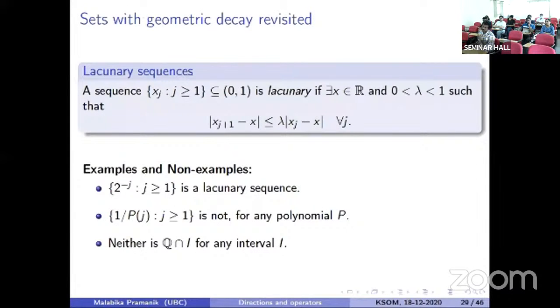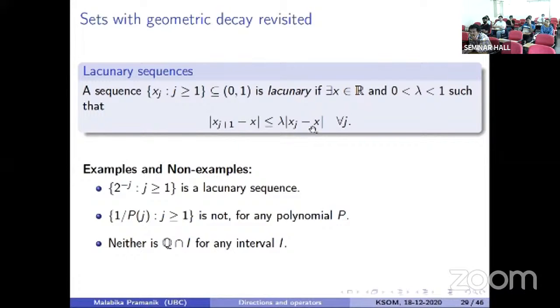Of specific importance to this discussion is the notion of lacunary sequences. We say that a sequence xj contained in the unit interval is lacunary if there exists a number x and a fixed constant lambda strictly smaller than 1, such that the distance of xj plus 1 to x is at most lambda times the distance of xj to x.